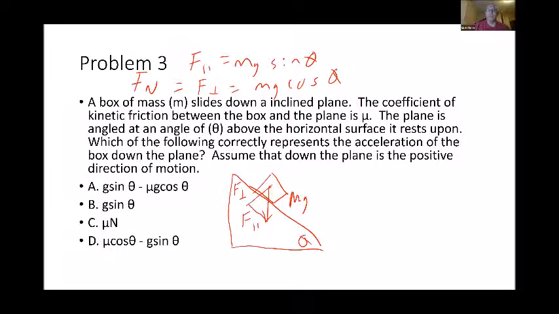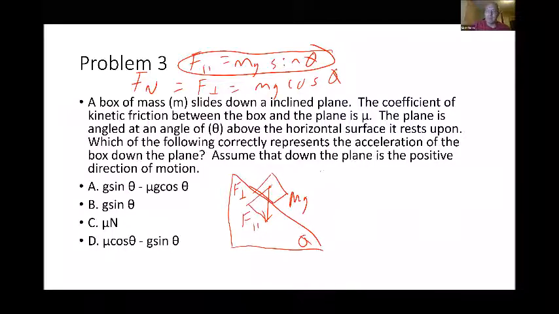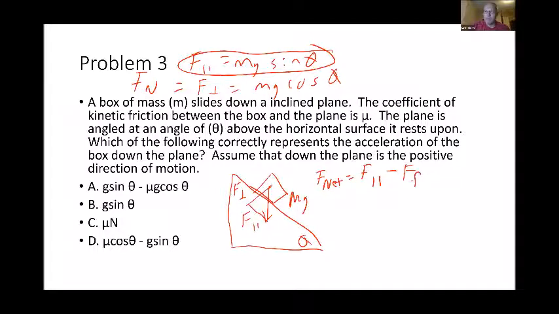Now, in this problem, there's friction. So we know that this parallel component is pushing the box down the plane, but the frictional force is acting up the plane, which means the net force would be equal to the parallel component acting down the plane minus the friction force acting up the plane.